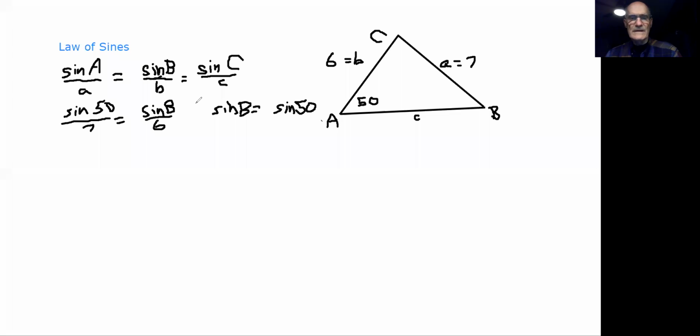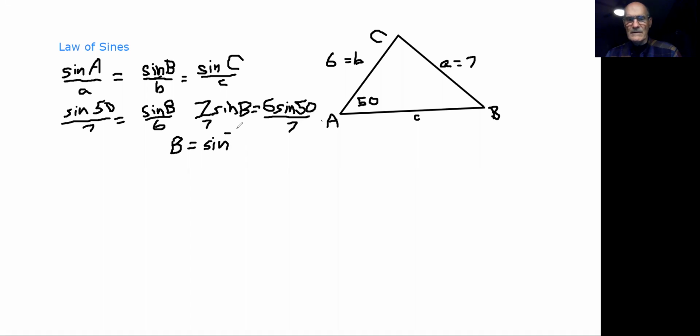So anyway, we have 7 sine B, because I'm multiplying across, equals 6 sine 50. If I divide both sides by 7 and do an inverse sine, then angle B equals the inverse sine, the sine here with the -1.